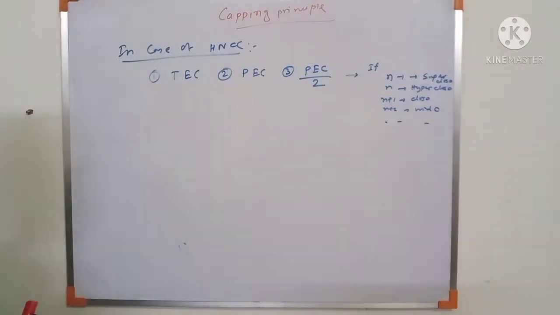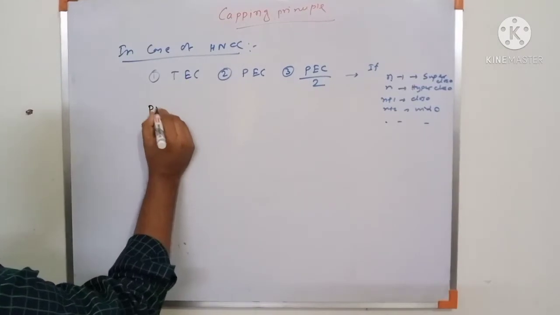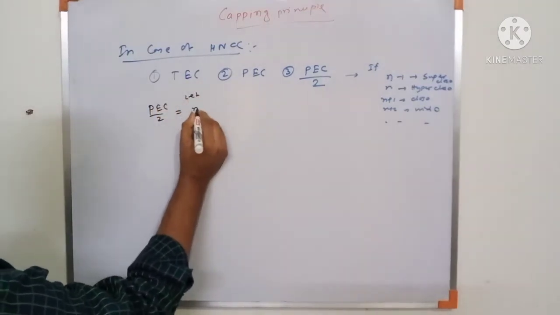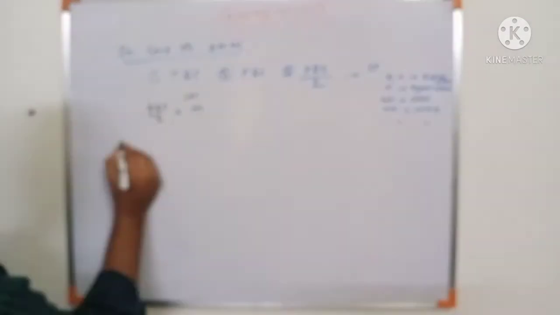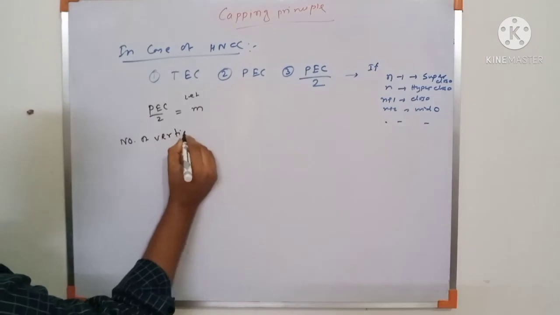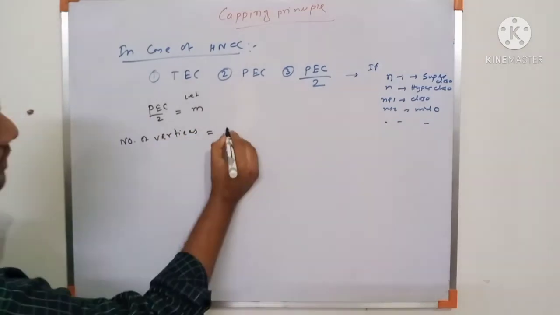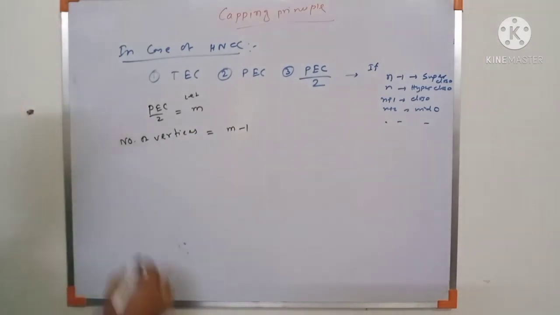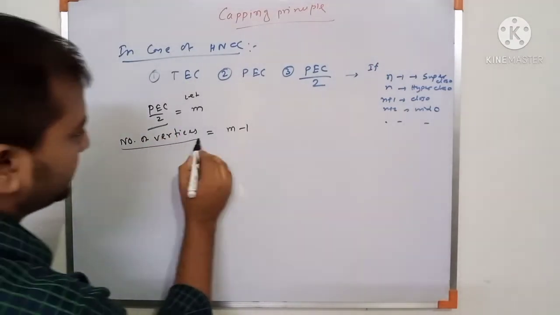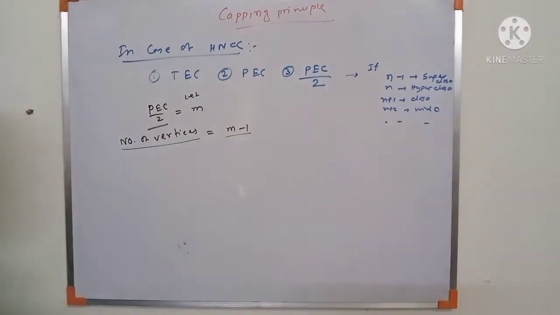Now, polyhedral electron count by 2 equals m, and the number of vertices equals m minus 1. First calculate the polyhedral electron count by 2 and calculate the number of vertices, m minus 1.